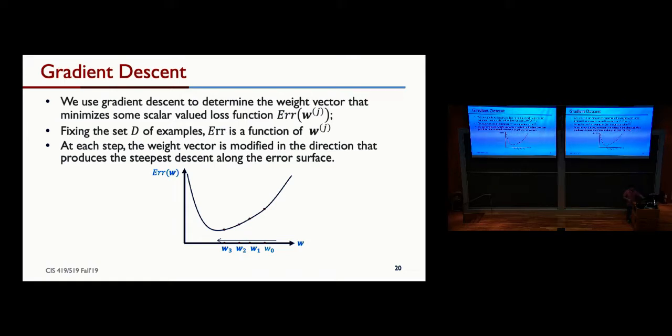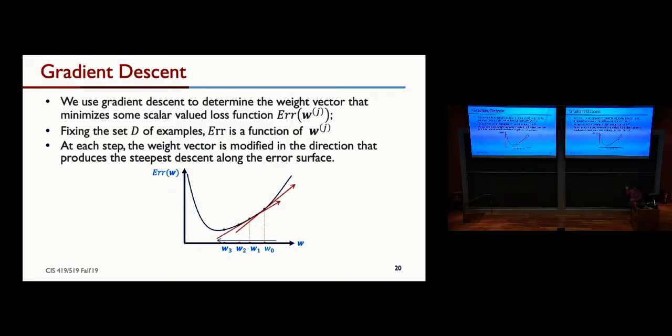So for example, this is a function which only takes one parameter, a single scalar value, and suppose you start out with this value w0, for which the error function is quite high. You can do better. So you would compute the gradient of this function, which points in the top right corner, because if you move w0 slightly to the right, you will actually increase the value of the function, but you move in the negative direction of that because you want to minimize this function.